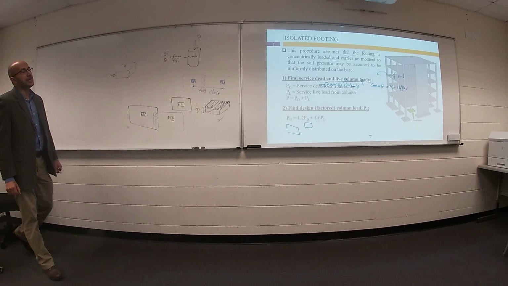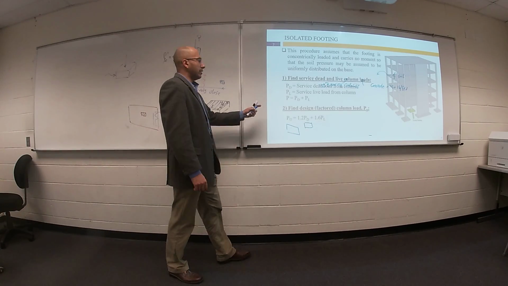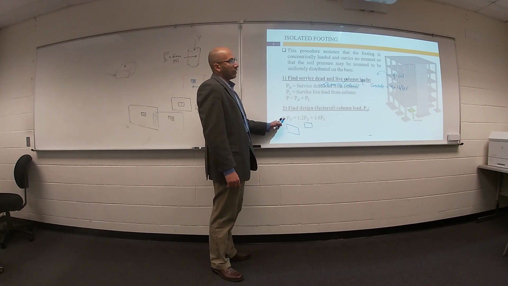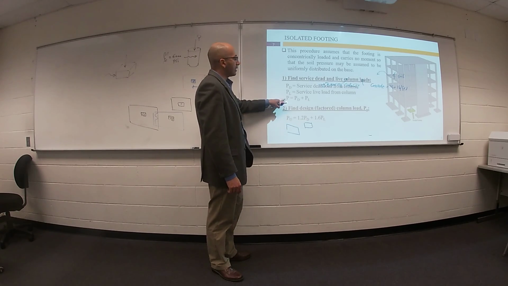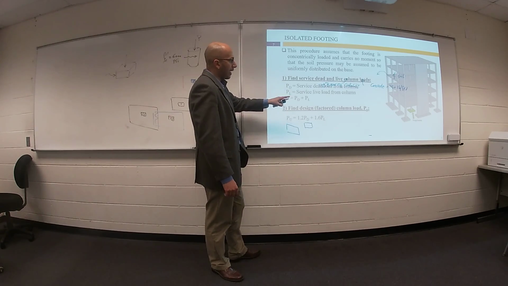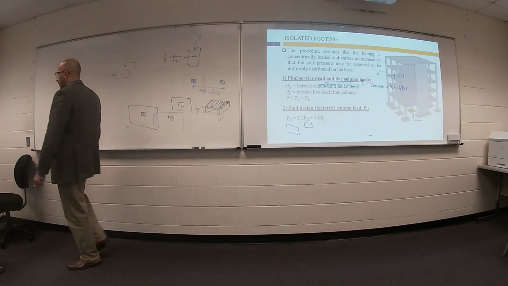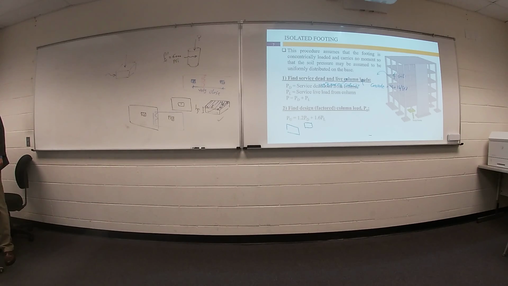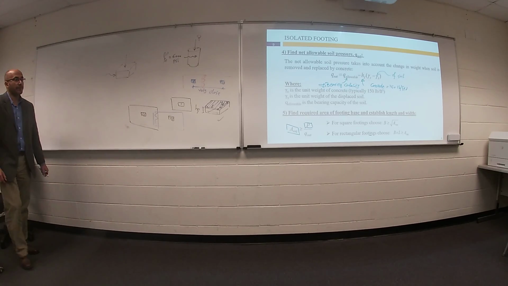We have two types of P: surface load and ultimate load. Which one will I use? The surface load. P dead plus P live without any factor will be used to determine the area of footing.